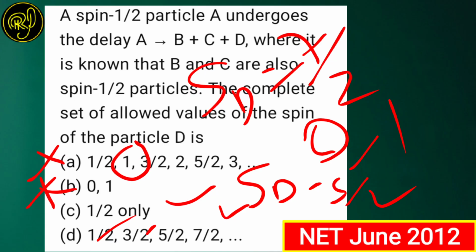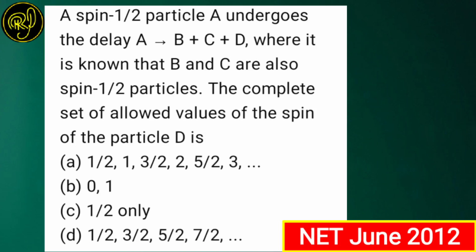As per the given options, option C is the most appropriate answer, because these two are not possible. Option C, half only, is possible. Option D has half and 3 by 2, which is also allowed, but 5 by 2 and 7 by 2 can never give you that value. So the value of SD, the spin of particle D, is half only.